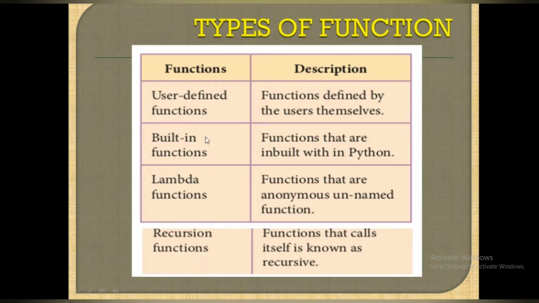In 11th standard, we studied user defined functions and built-in functions. The same thing is repeated here. In Python, we add one new function, that is the lambda function. Recursive functions we also already know. Let us see them one by one.